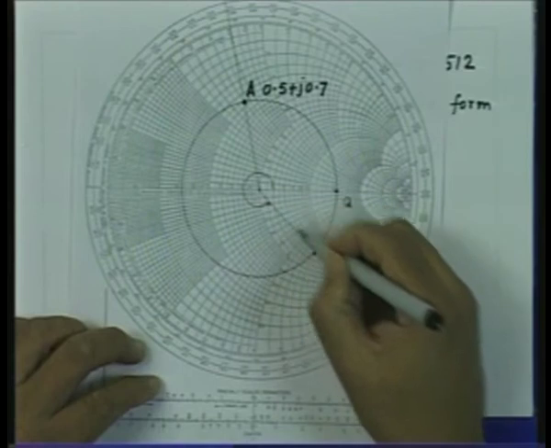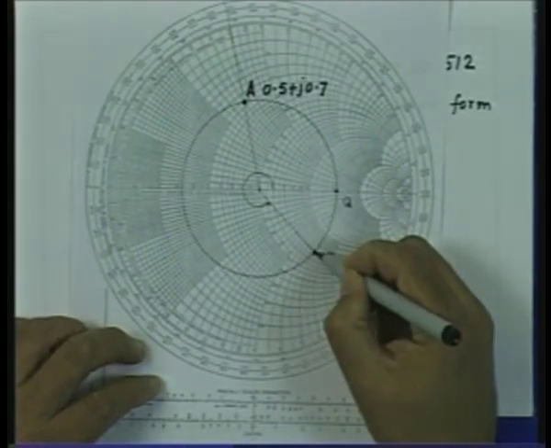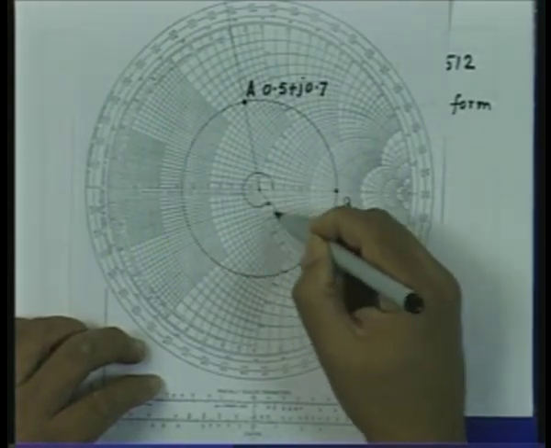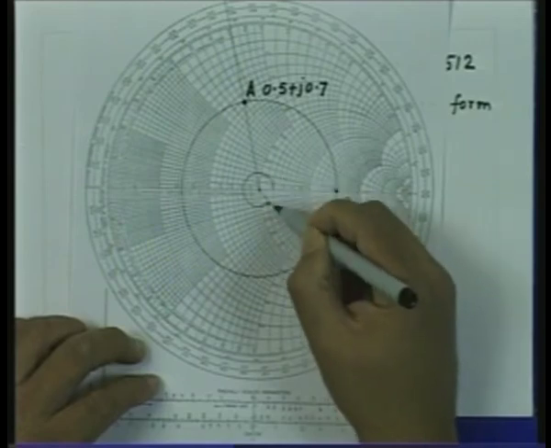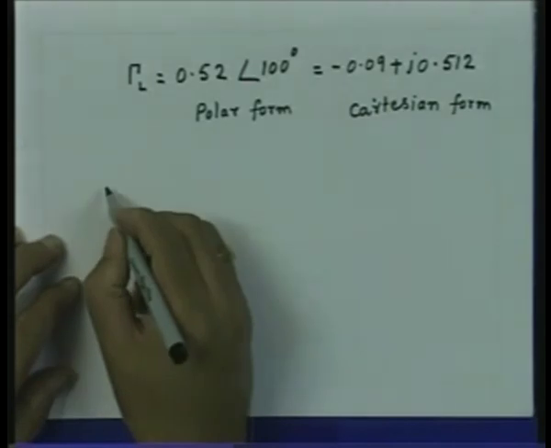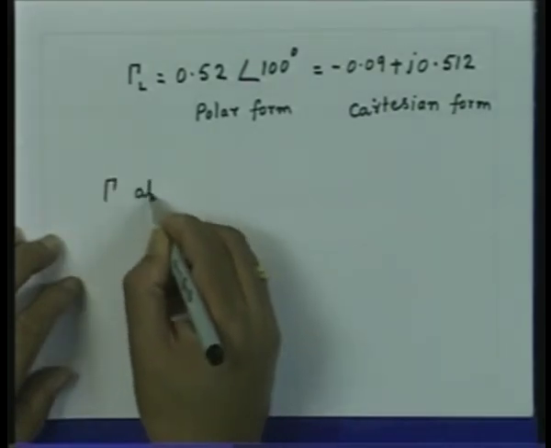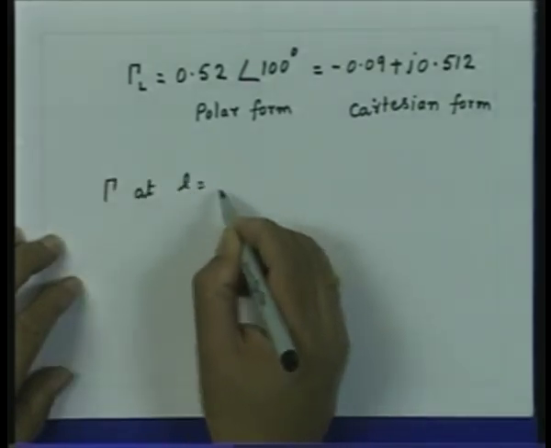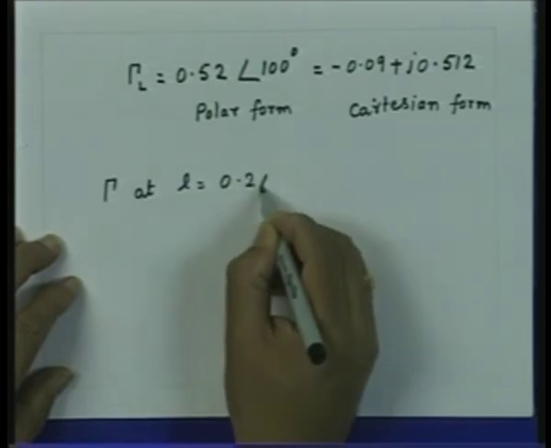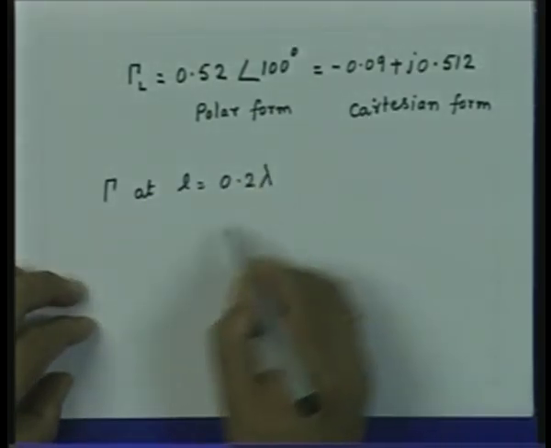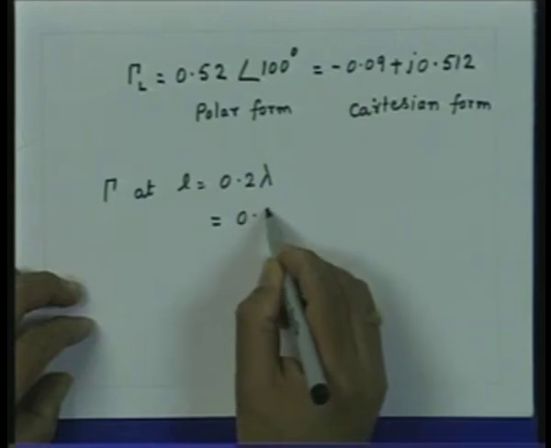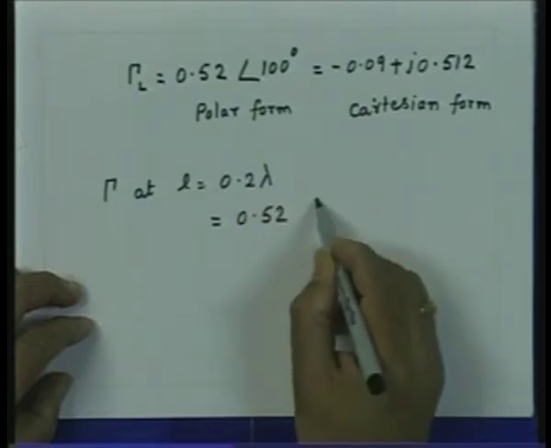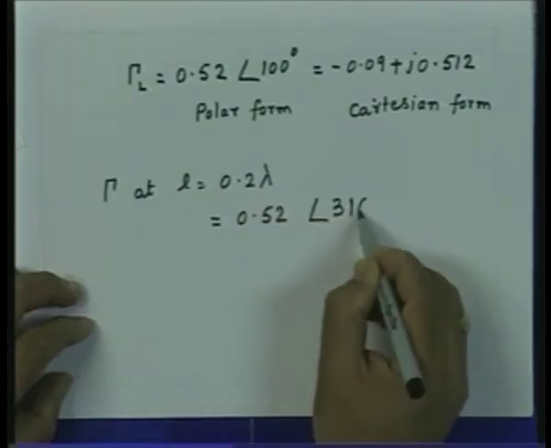So, the magnitude of reflection coefficient is still 0.52, but the phase of the reflection coefficient is 316 degrees. So, gamma at L equal to 0.2 lambda will be equal to 0.52 with angle 316 degrees.